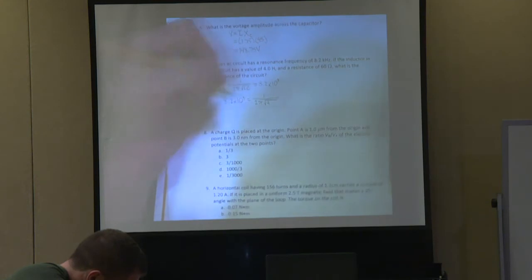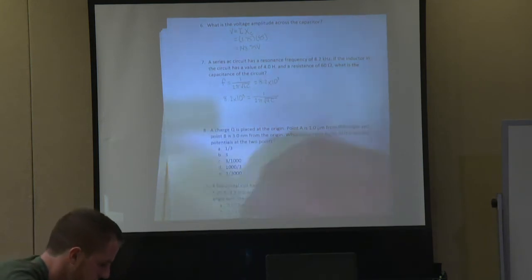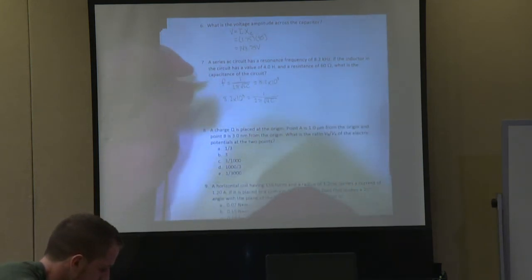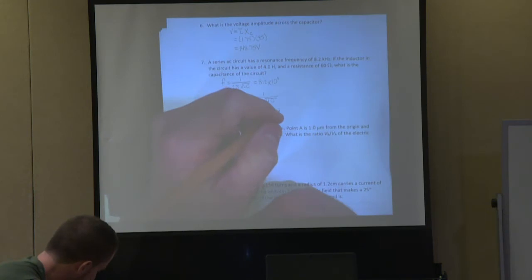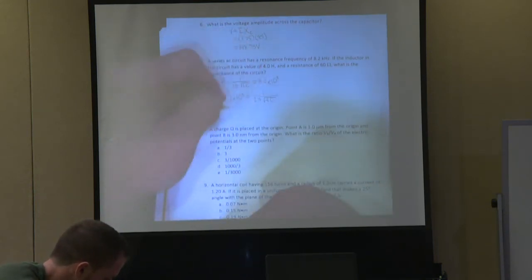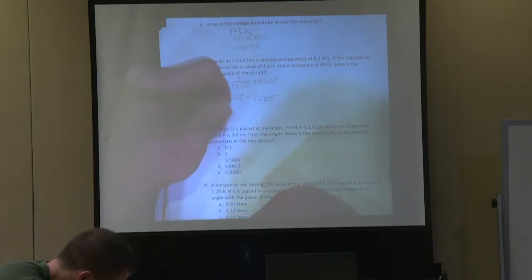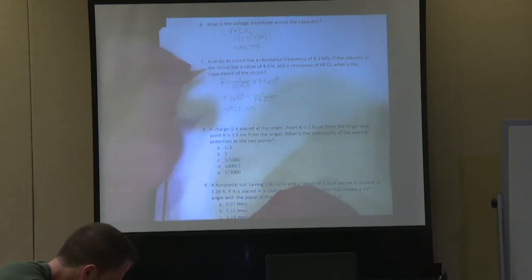Put that in, and then C. So solving 2 pi times 8.2 times 10 to the third equals 51,522.1195.